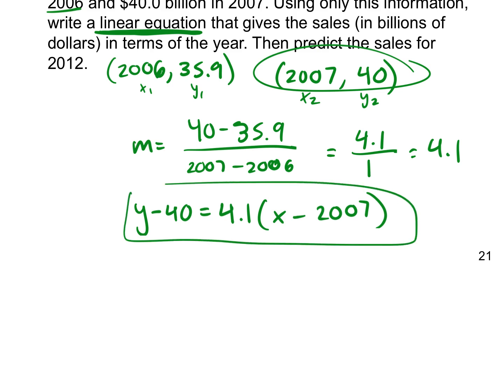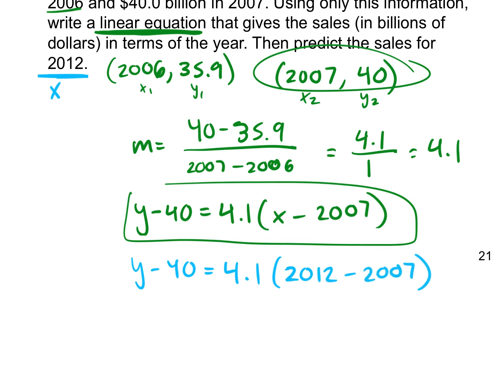If we were going to predict the sales for 2012, what would we do? How would we predict the sales for 2012? Awesome, we plug 2012 into the x. So y minus 40 is equal to 4.1 times 2012 minus 2007.